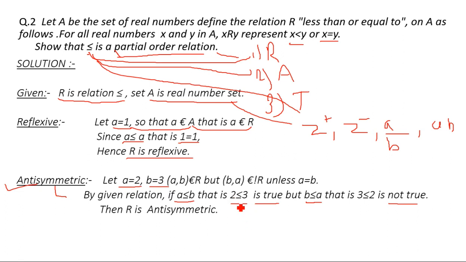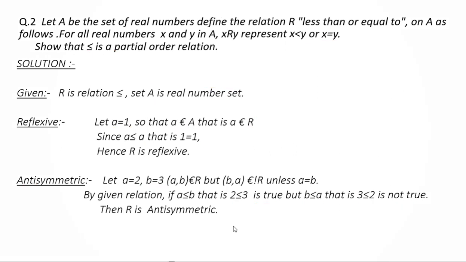Yes, 2 is less than or equal to 3, but 3 is not less than or equal to 2, until 3 is equal to 3 or 2 equal to 2. So our relation R follows the antisymmetric property.